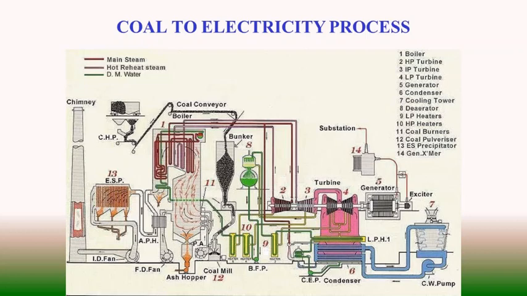But the problem is that if we utilize the entire heat available for expansion in the turbine, then at the end of the expansion, the exhaust steam is cooled down and condensed back in the turbine condenser by exchanging heat with the circulating water system.